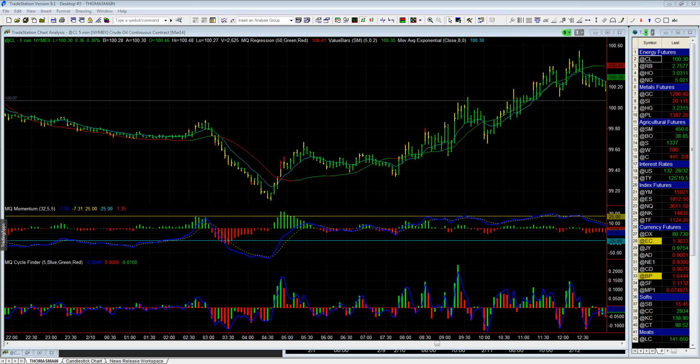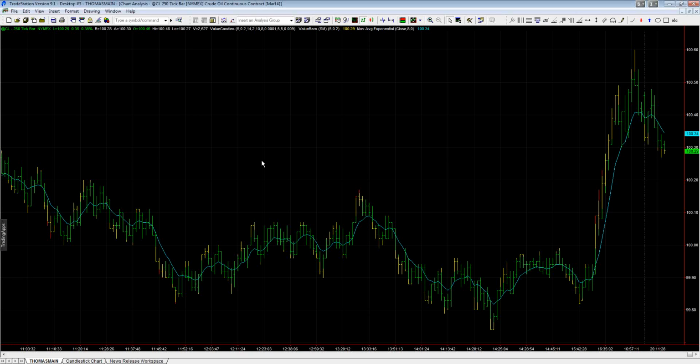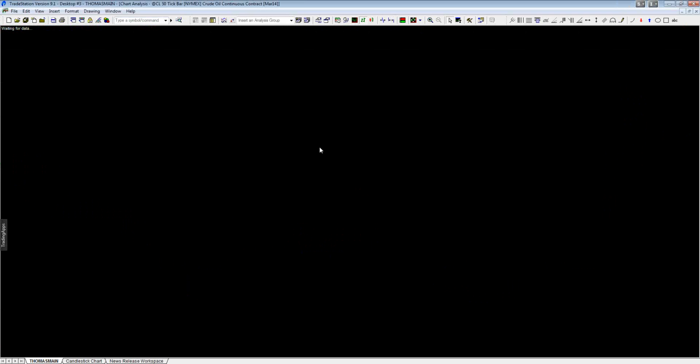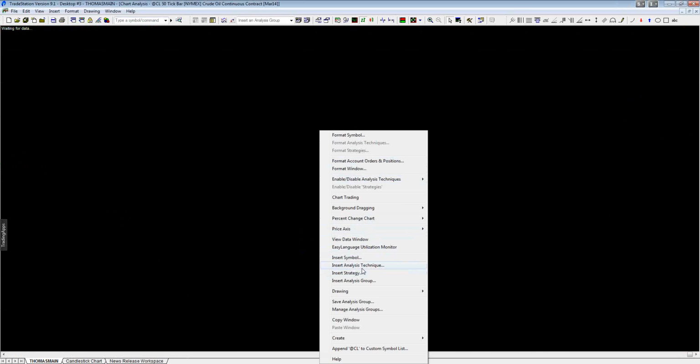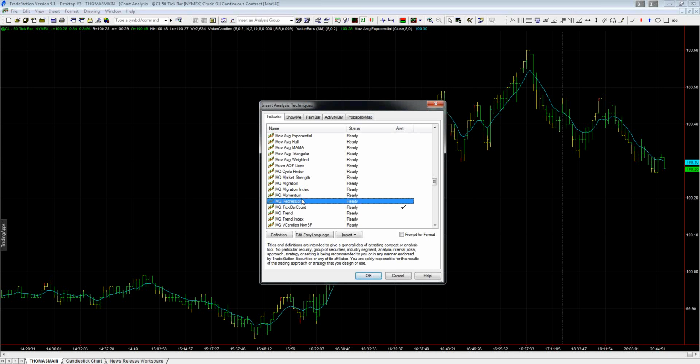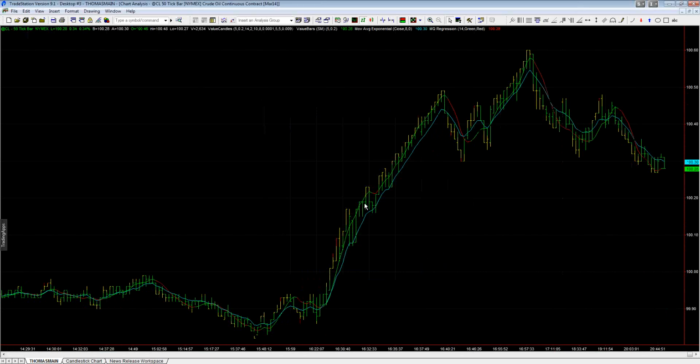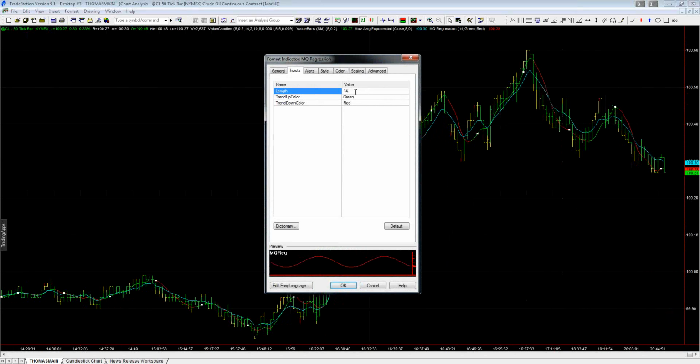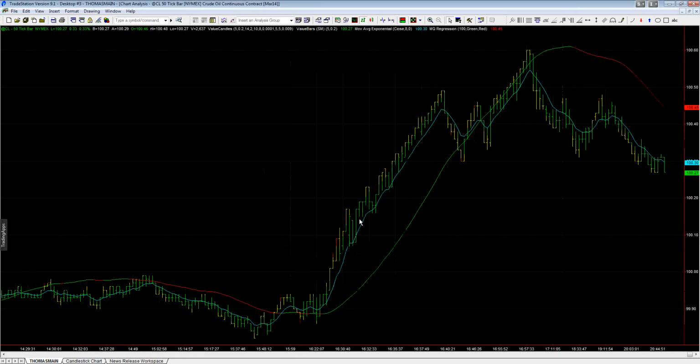What you're doing when you're trading the 50 tick trend is you use the MQ regression, which is just a very simple trend indicator. You're going to change the settings on this to a 100 bar length.